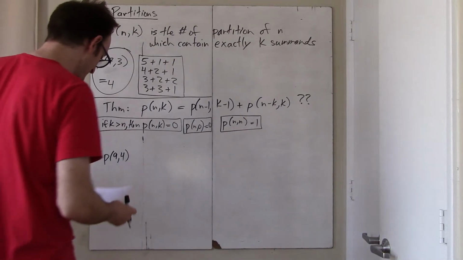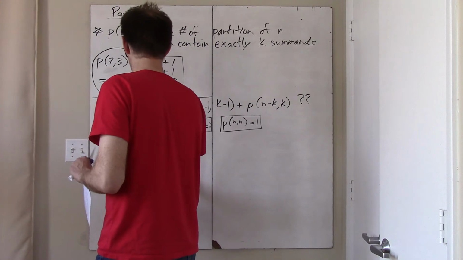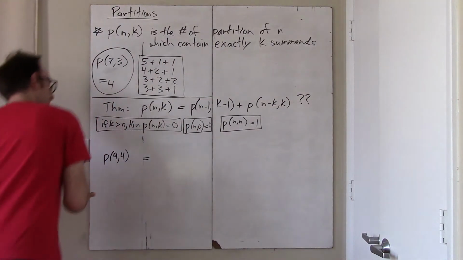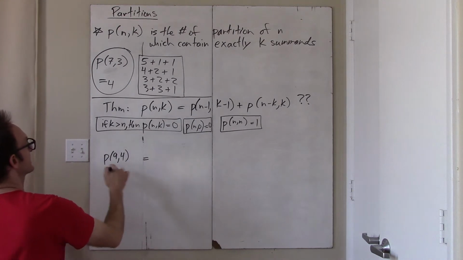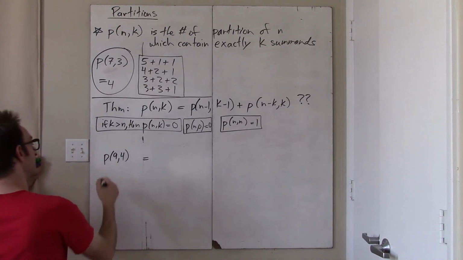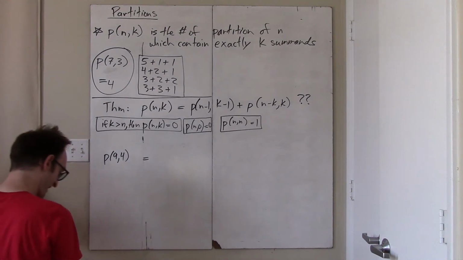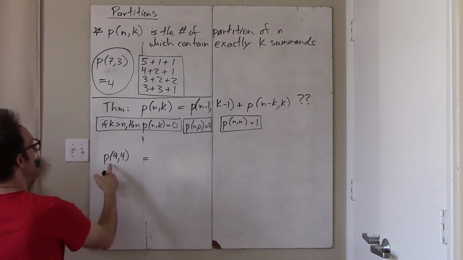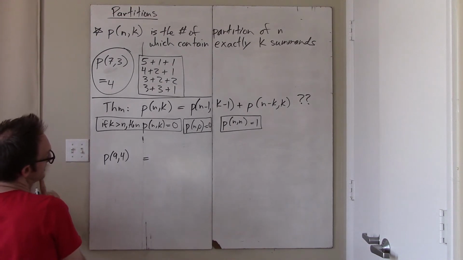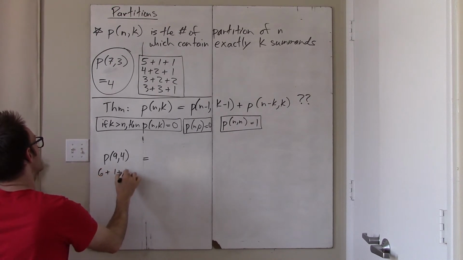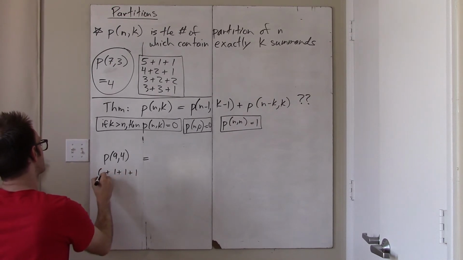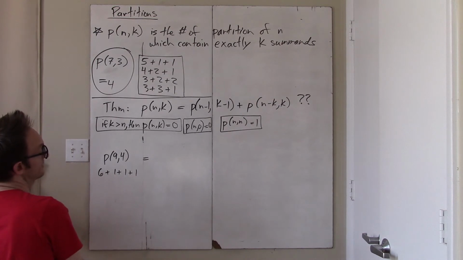It might be worth writing those out right now using our wits. I happen to know that there are 6 of these, so this time I won't screw up. Let's try this. 6 plus 1 plus 1 plus 1 is one way of dividing up 9 into 4 piles.